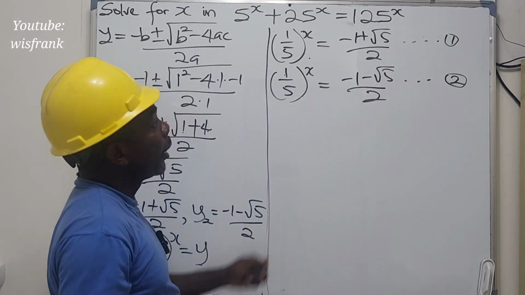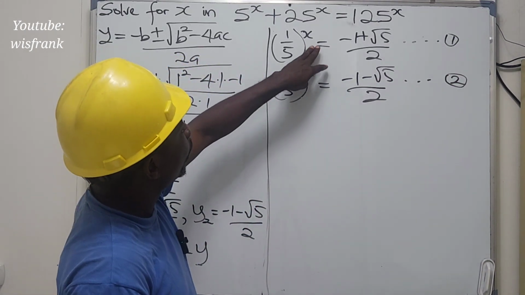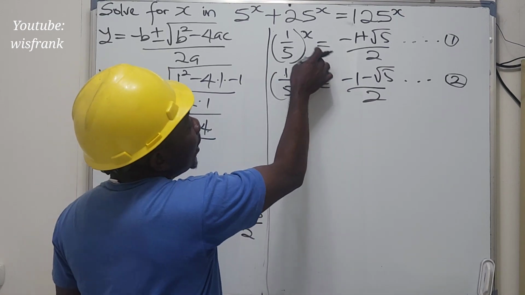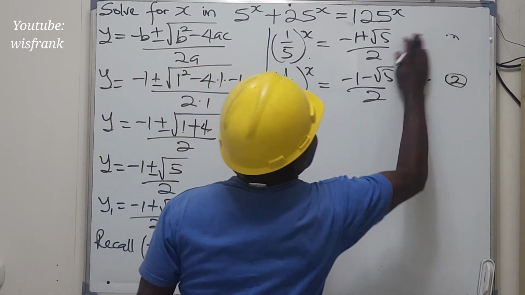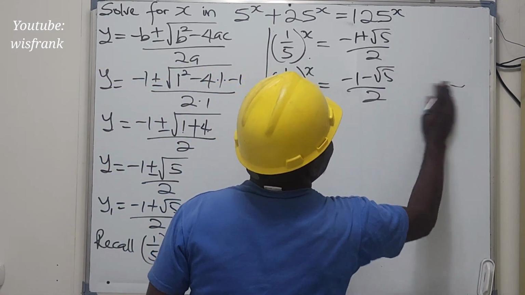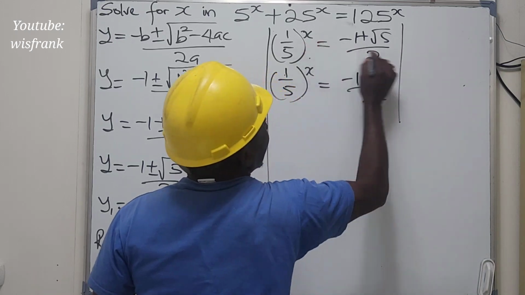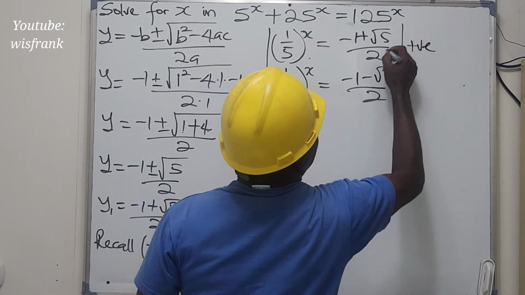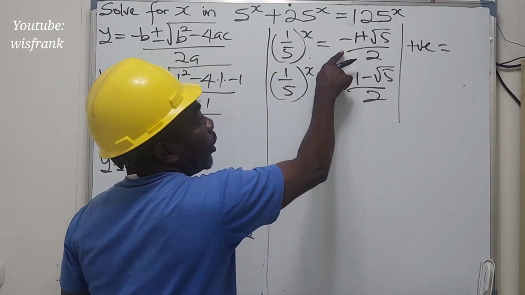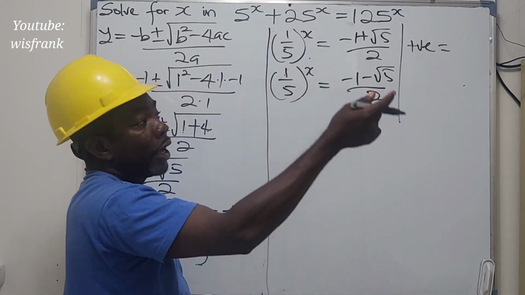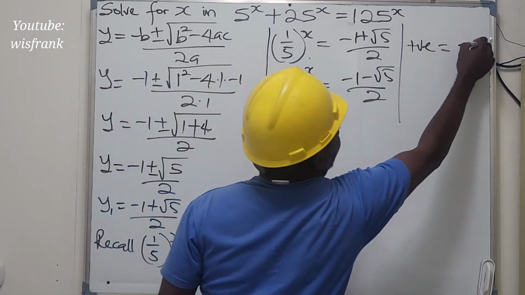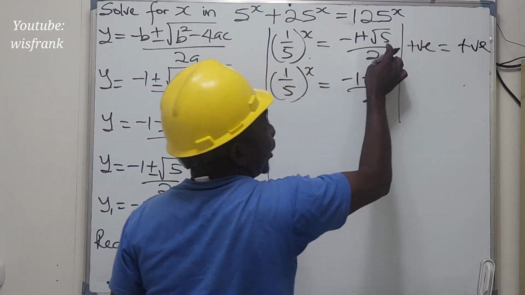If you look at case 1 and case 2, from case 1, we can see that the left-hand side is positive and equals the right-hand side, minus 1 plus root 5 all over 2, which is also positive. That is for the first case.